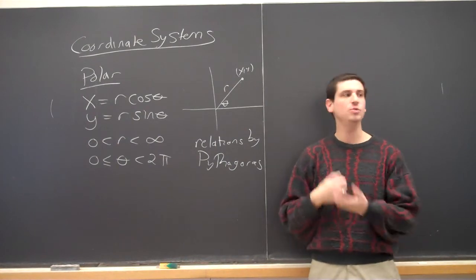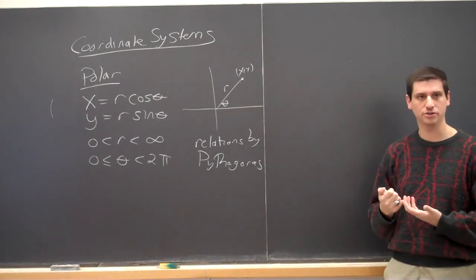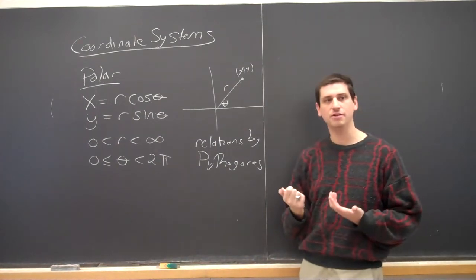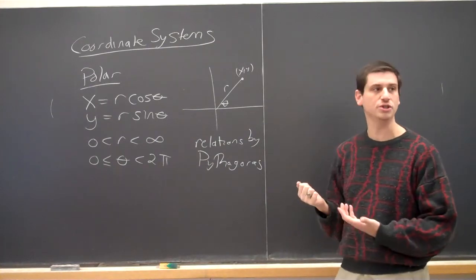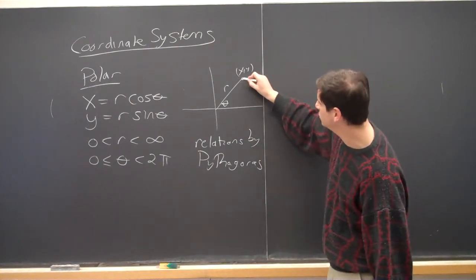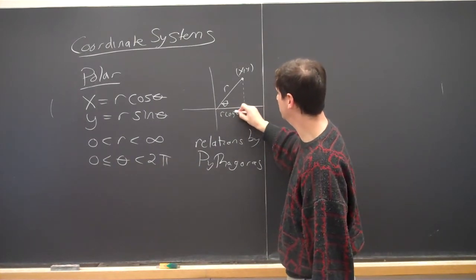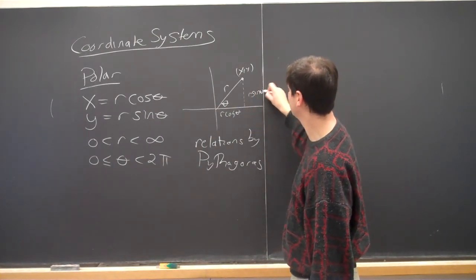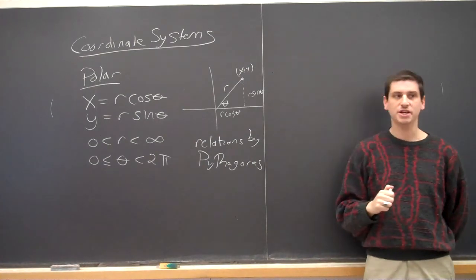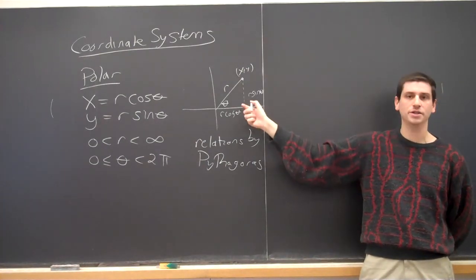So the question is, how can we isolate various things? Well, the biggest thing with Pythagoras is cosine squared plus sine squared is 1. That's what you get with the right triangle. So if we drop things here, this is r cosine theta, this is r sine theta. And so Pythagoras tells us, let's look at x squared plus y squared.